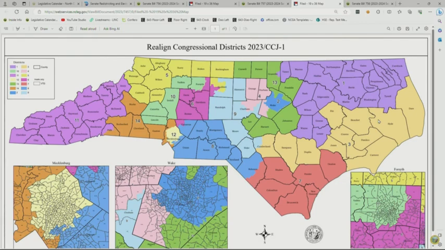Congressional District 13, which is green, is made up of the suburbs and exurban counties surrounding the Triangle area and Wake County. This is made up of 6 whole counties, including Caswell, Franklin, Harnett, Johnson, Lee, and Person, as well as most of Granville County.